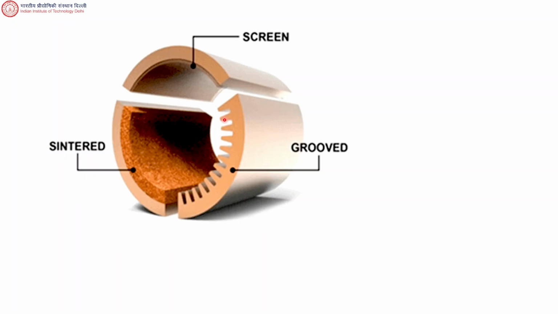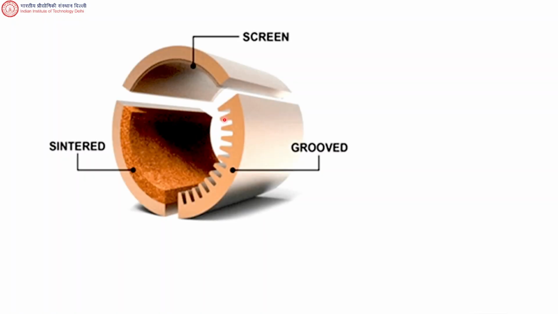These are pumps, right? Just by having this kind of structure, you have generated a pumping effect, which will push the liquid through the wick structure from the condenser to the evaporator. And then this becomes a loop, right? Liquid gets evaporated, moves through the center of the heat pipe to the condenser section.